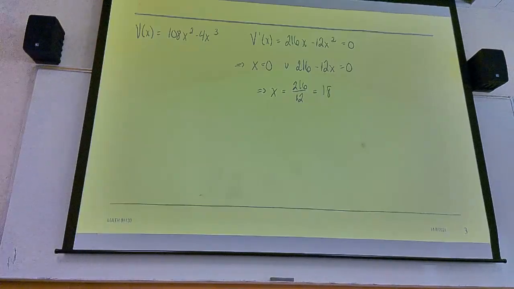That sounds right, I'm going to go with that. Now we just have to determine if that does indeed result in the maximum. Second derivative: 216 minus 24x.